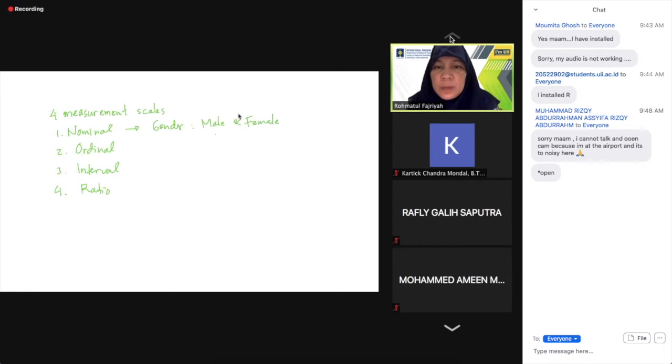For example, male is 0 and then female is 1. Or maybe male is 1 and then female is 0. Or maybe male is 1 and then female is 2. Something like that. Okay. So this is to quantify your data, from nominal becoming numeric.